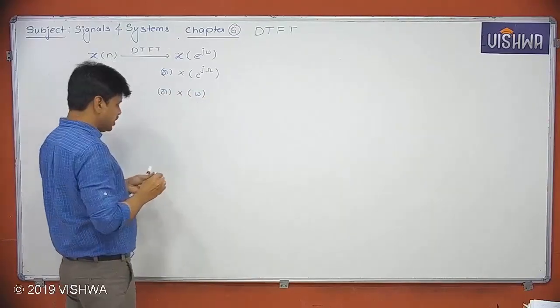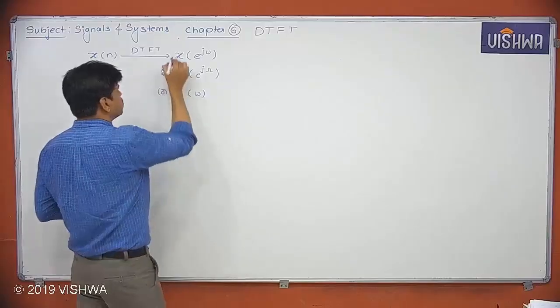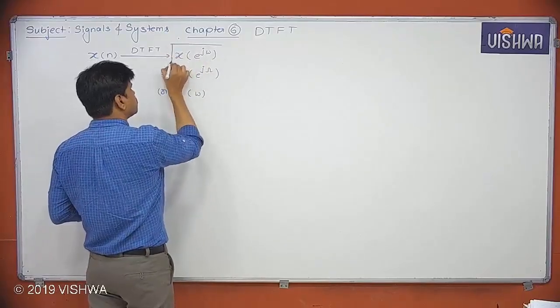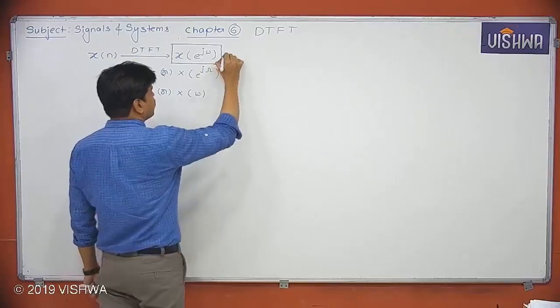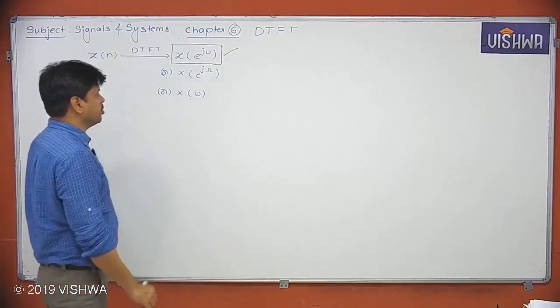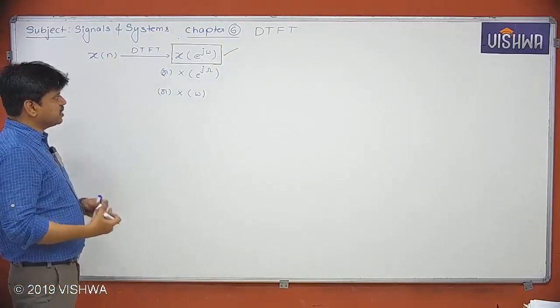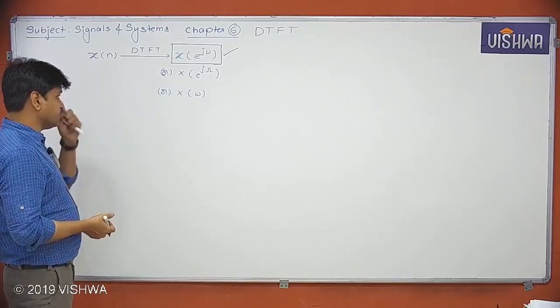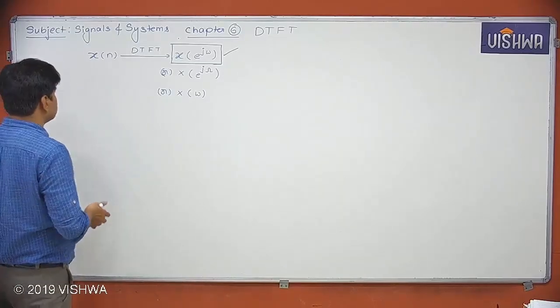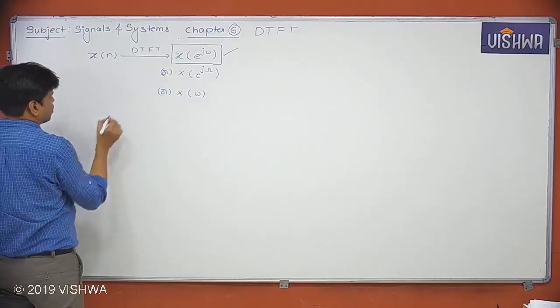But in the examination, they will give you this kind of notation. In many textbooks many notations are there, but I will follow x of e power j omega. That means x of z is there; if z is replaced with e power j omega, we get x of e power j omega. So here, x of n and x of e power j omega.